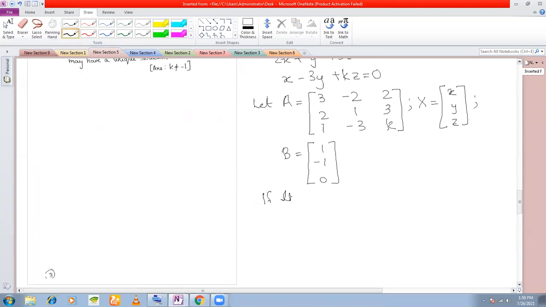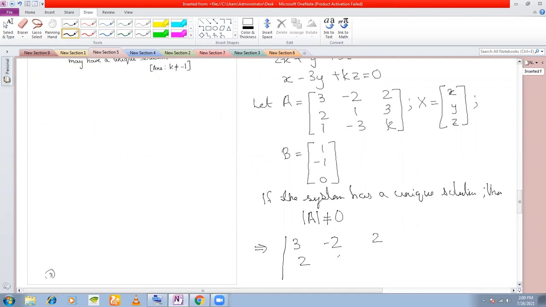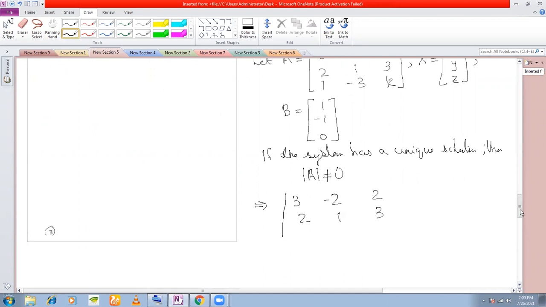If the system has a unique solution, then the determinant value of A must be non-zero. And what is the determinant of A? Now you expand the determinant.